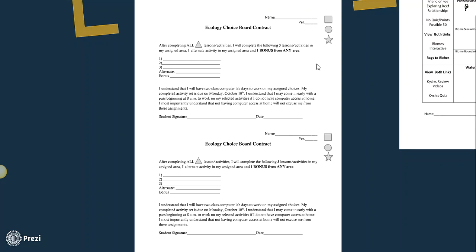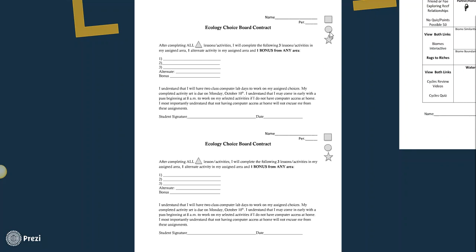Depending on where they scored, I may have assigned my lower level students in performance 3-star activities. Or if I felt like they were capable of doing more, maybe 2 stars and 1 square, just so that they can move into some more advanced work and feel a little bit more challenged.